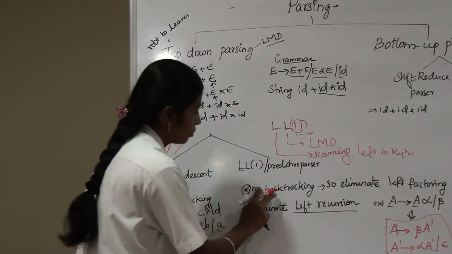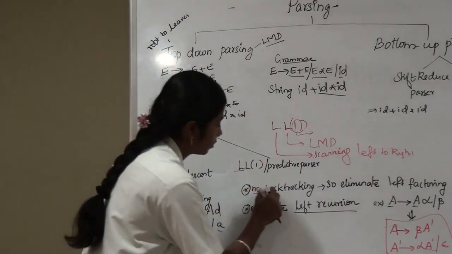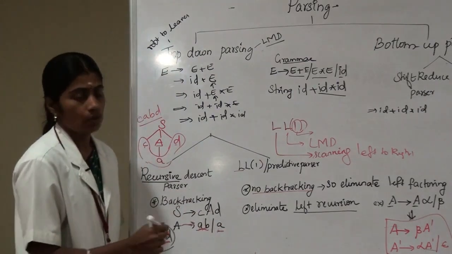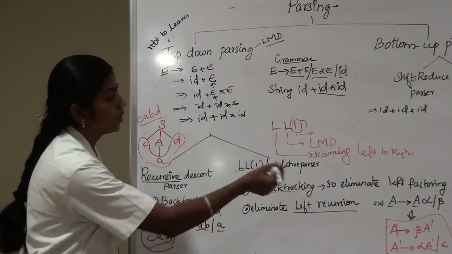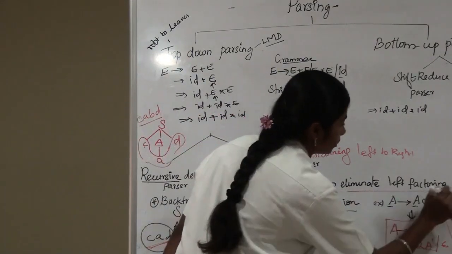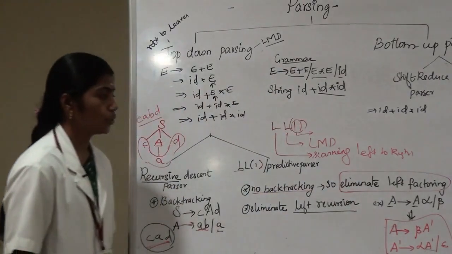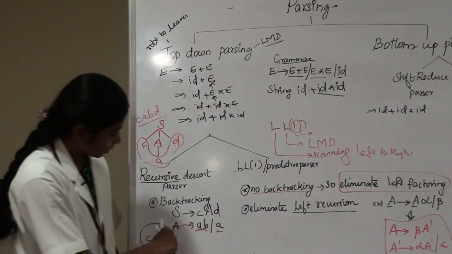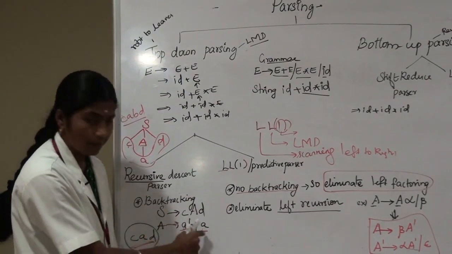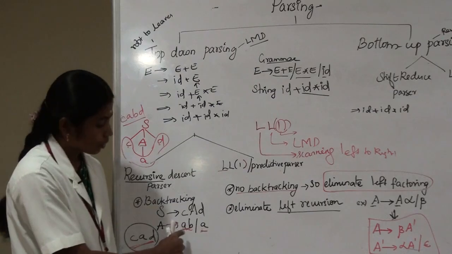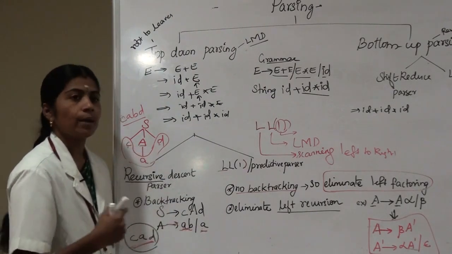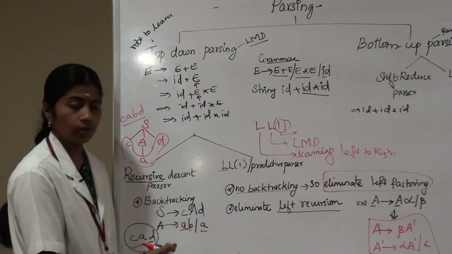To avoid backtracking and get a proper alternative among multiple choices, you need to eliminate left factoring. Why should we eliminate left factoring? Suppose this production has two alternatives, and in both alternatives you have a common prefix A. So I am in confusion whether to choose the first one or the last one.